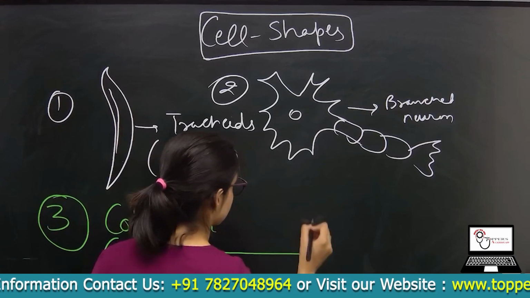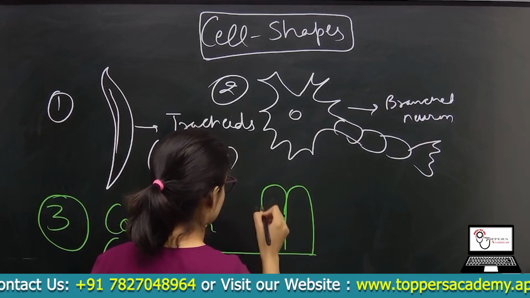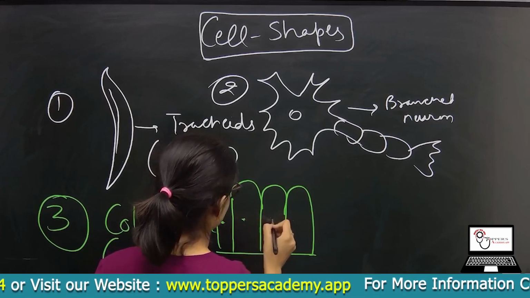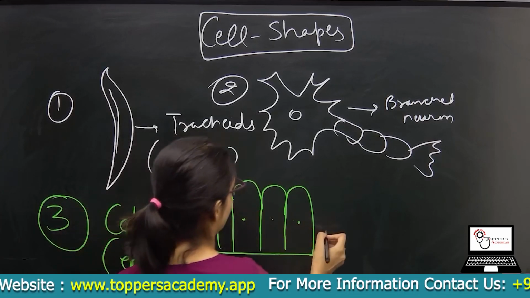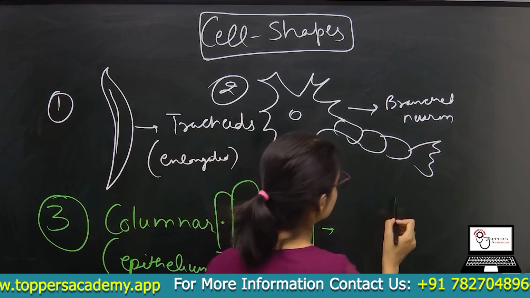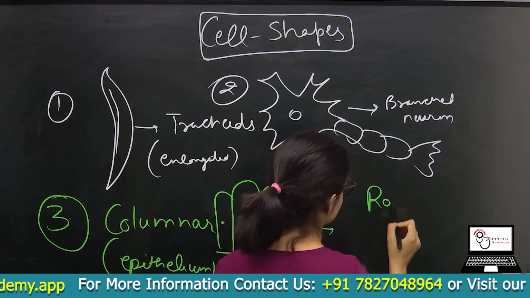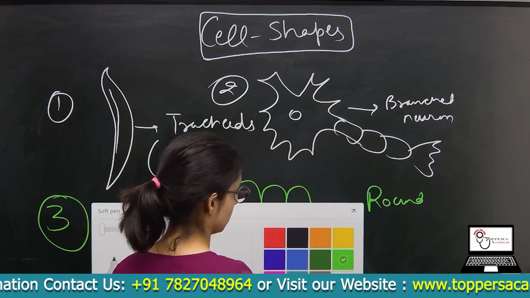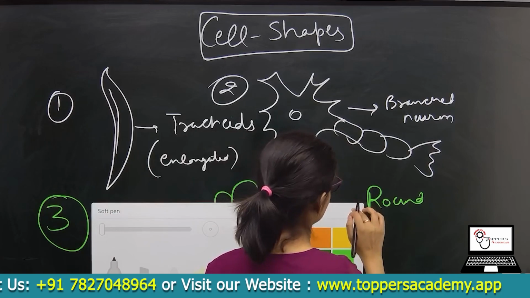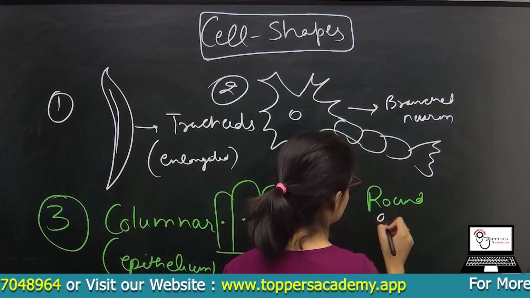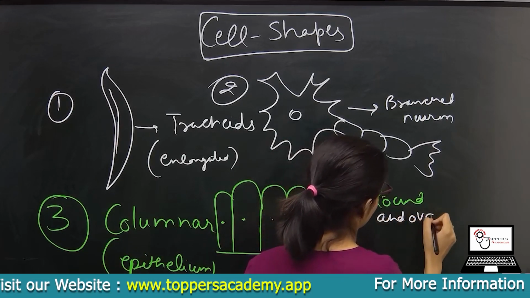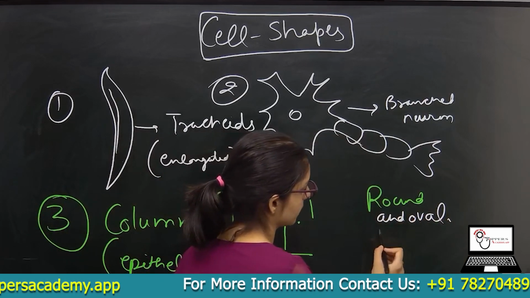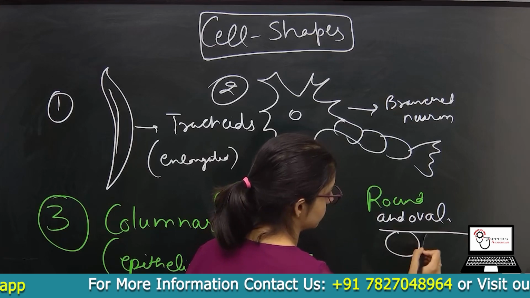It is like this shape. And the fourth is the round and oval, which is present in the mesophyll cells, like this.